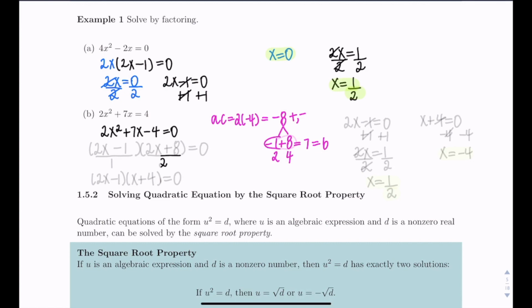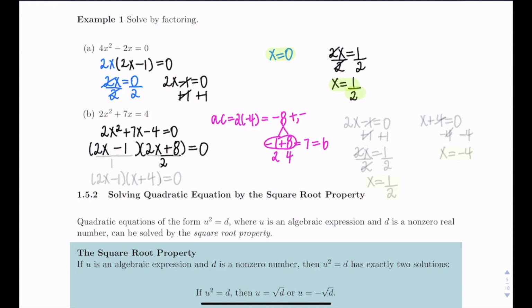Once I have found my combo, I want to bring the leading coefficient down into both sets of parentheses and split my x. So 2 has to come down into both. Then in my blank spots, I add in those two terms that I just found. My last step for this method is to divide out anything they have in common.